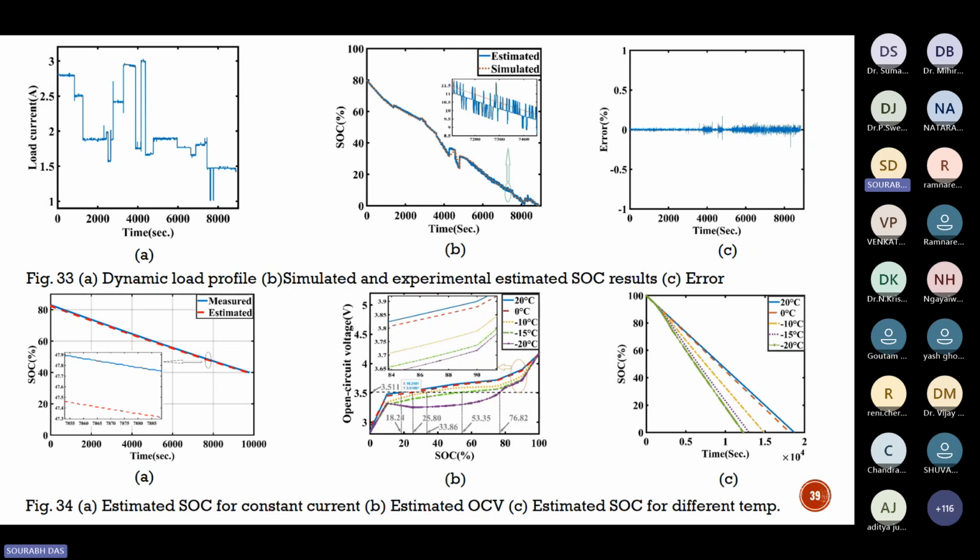If we go beyond that temperature, then the battery may be damaged or its lifespan may be reduced. Similarly, for a single SOC, say 18.24 percent, we can see that the open circuit voltage for different temperatures is different. So we have seen this observation.